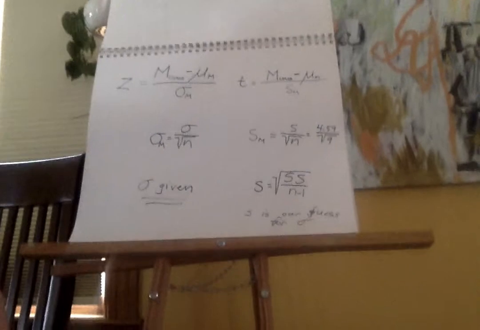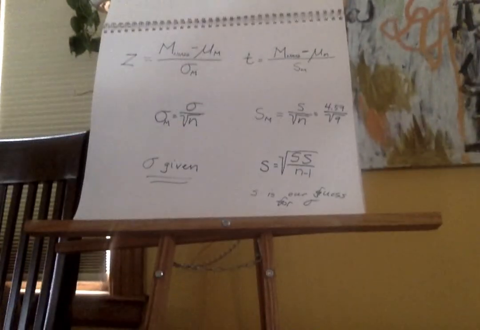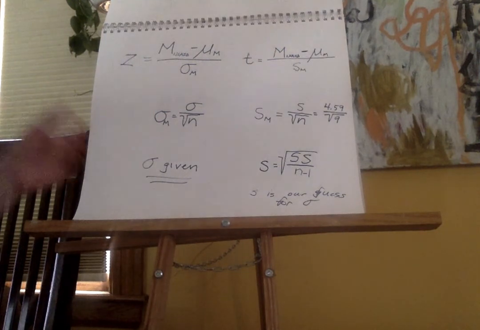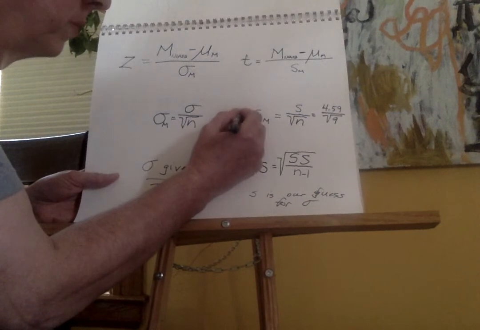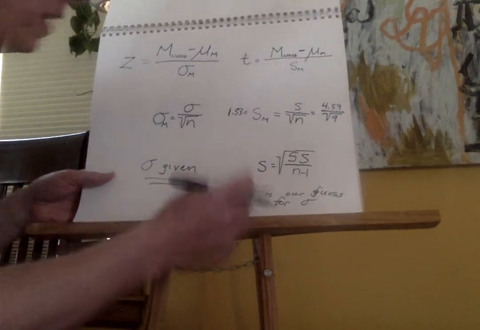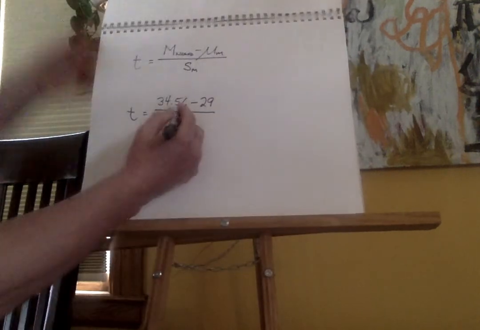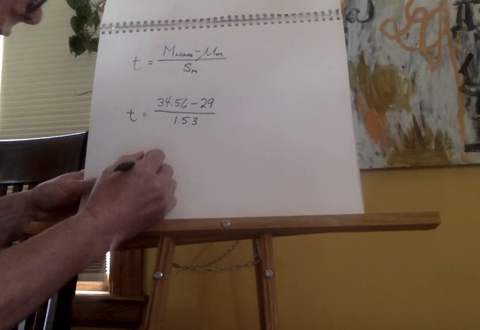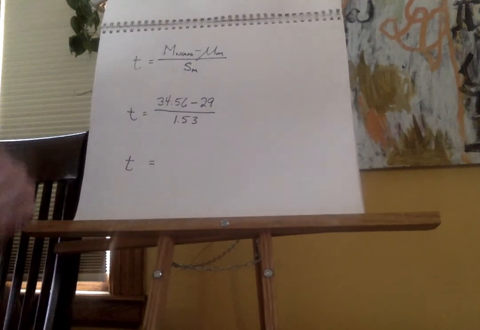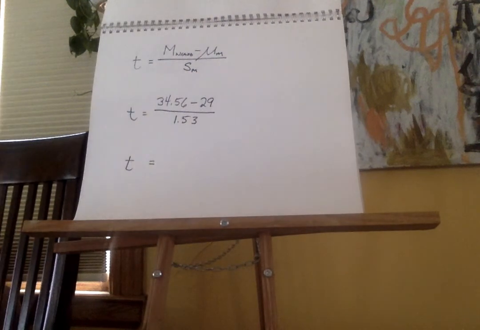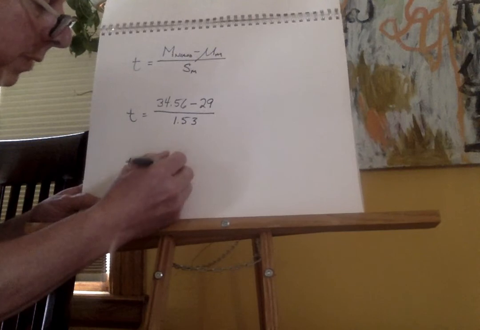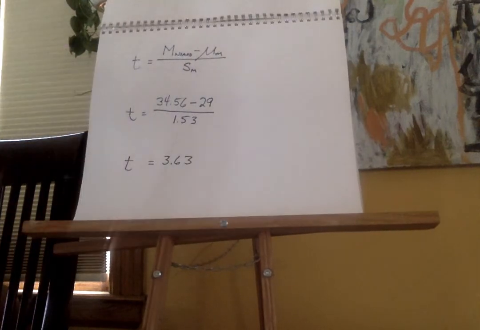So my S sub m is 1.53, and so my t value is equal to 3.63.